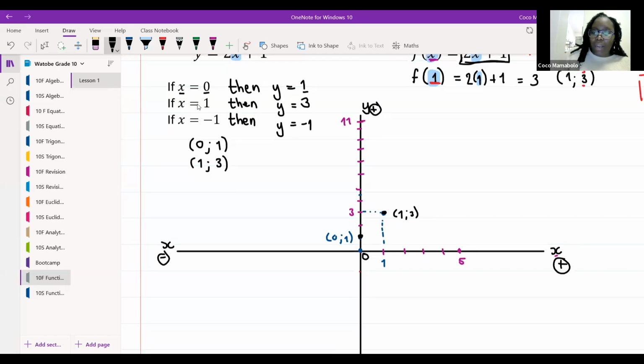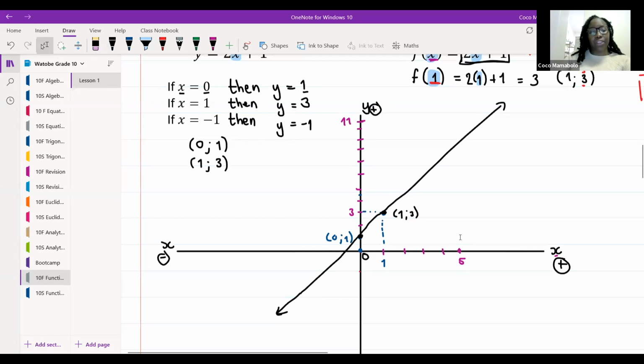And then I'm just going to draw a straight line right through all of them, like that. And that's going to give us that straight line that we are hoping for, because this is a linear function.